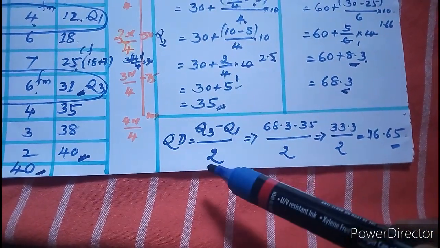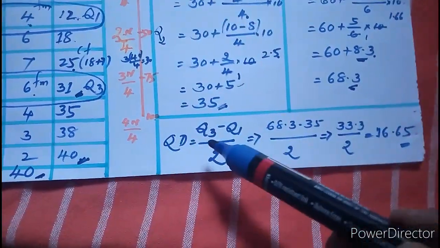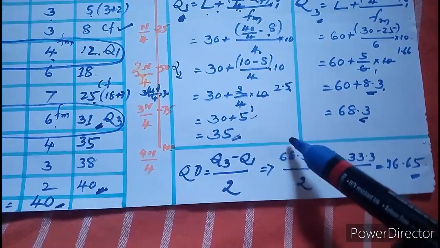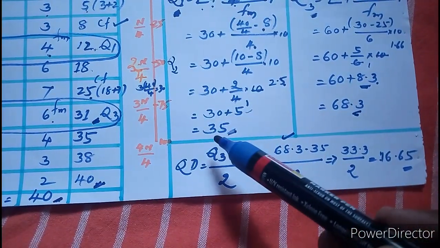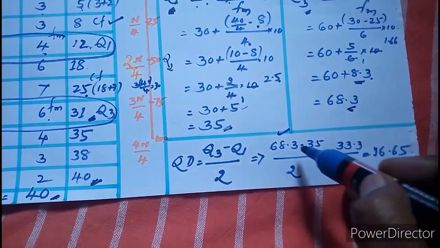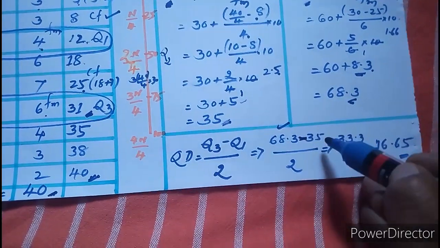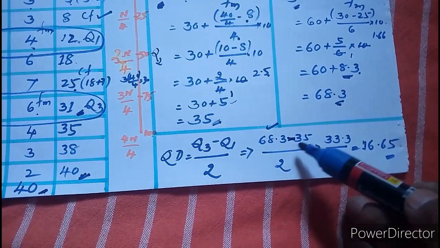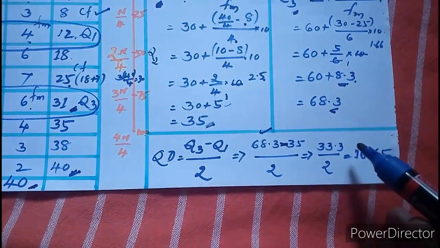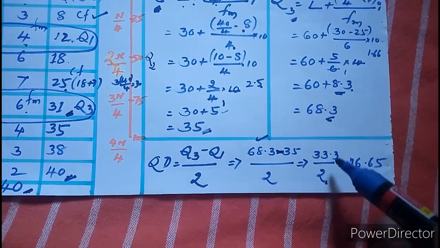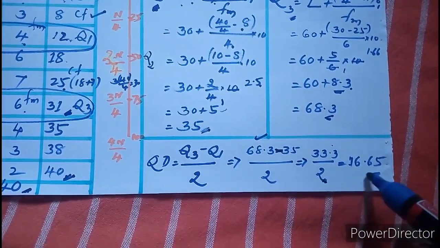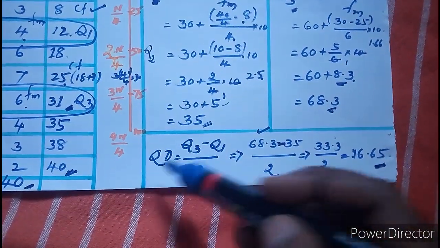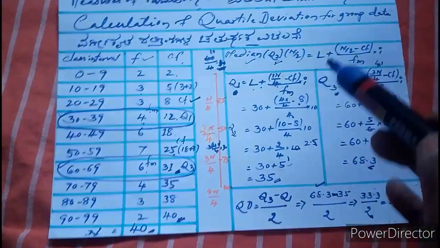Q3 minus Q1 divided by 2 is equal to, Q3 is 68.3, Q1 is 35, divided by 2. 68.3 minus 35 is 33.3 divided by 2. If you divide, you get 16.65. This is the quartile deviation of this whole problem.